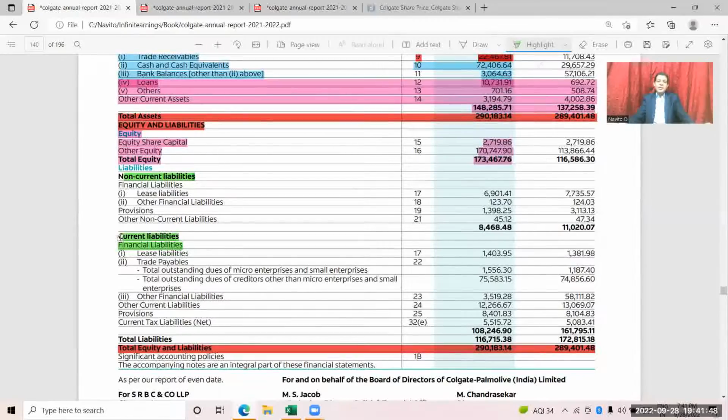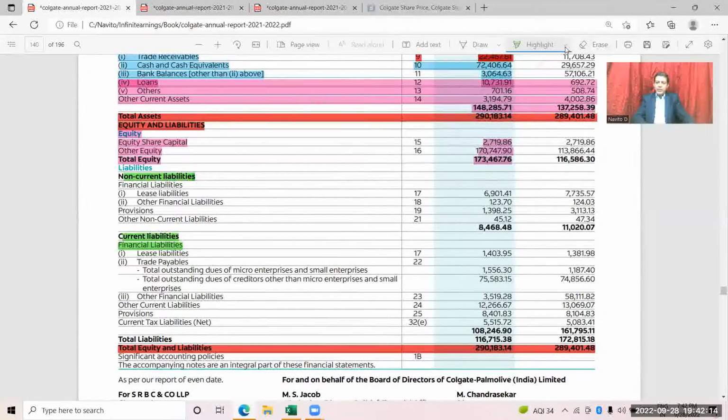And current liabilities are expected to be wound up within a year itself. Within both non-current and current liabilities, you have financial liabilities. We have already seen what financial assets are. So the equivalent financial aspect which is an asset to somebody becomes a liability to Colgate Palmolive.